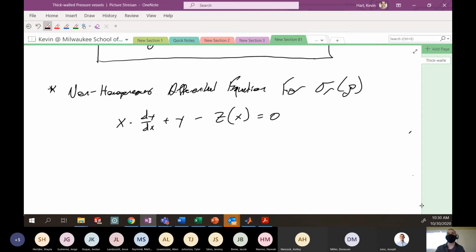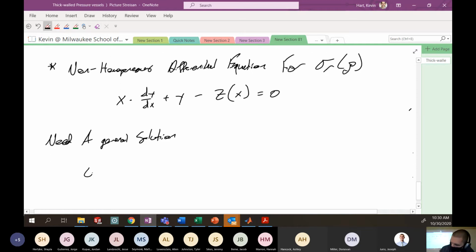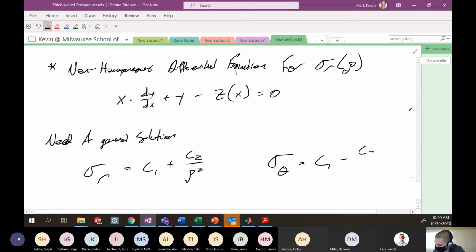Luckily, mathematicians smarter than me have solved this before. To solve this, we need a general solution. That general solution is the following. Sigma r is equal to C1 plus C2 on rho squared, and sigma theta is equal to C1 minus C2 on rho squared.